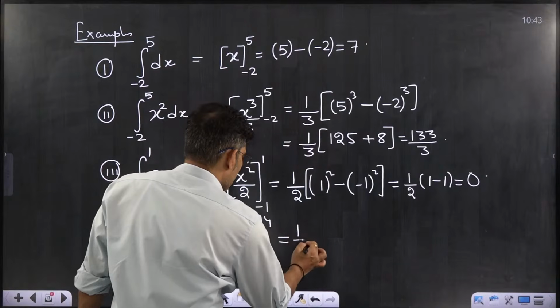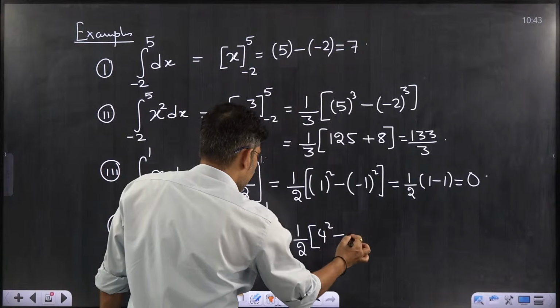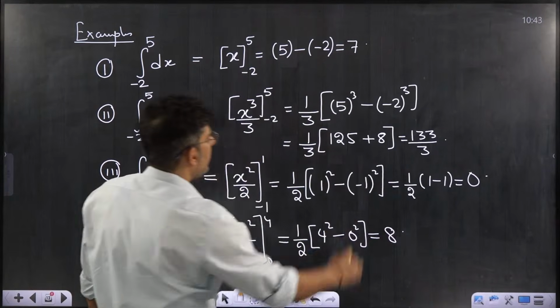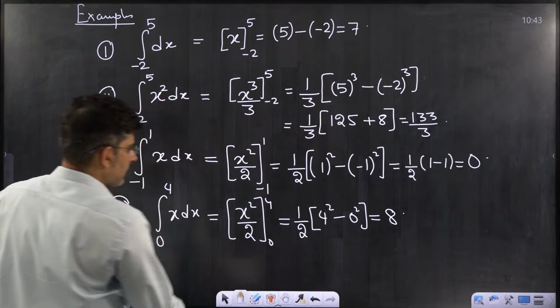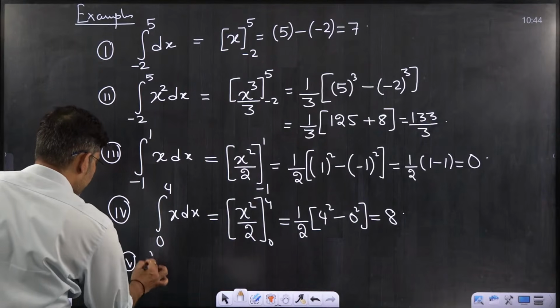So 1 by 2 common outside. First you will take 4 square minus 0 square, 16 by 2, 8. So if you are changing the limits, you can see that you will get new values. Understood? One more example, first the basic ones.